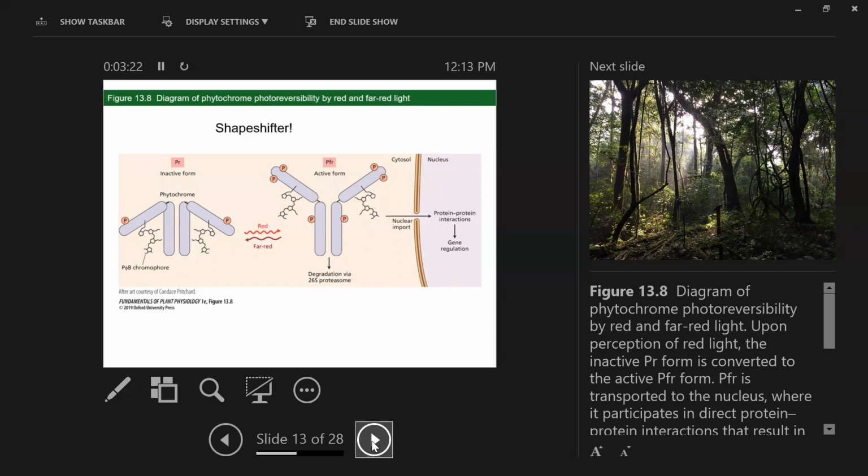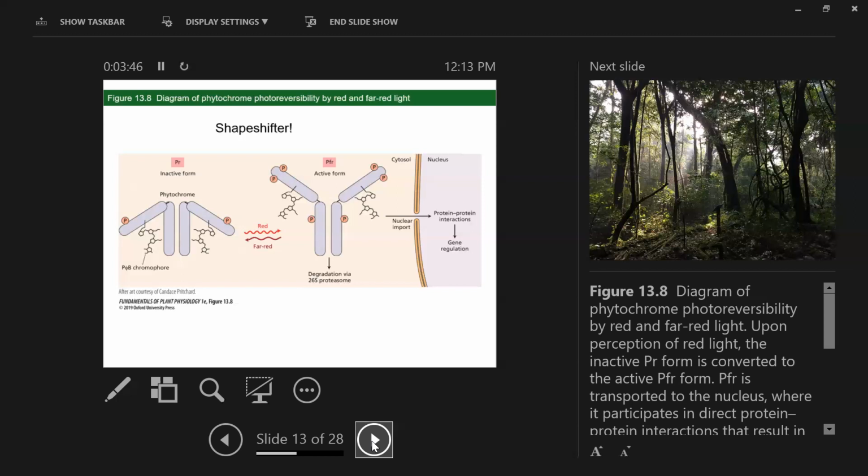But what does happen is that in this case, you're seeing the phytochrome absorbing red light and shifting into the so-called active form. What they're trying to say here is that it's that form that will actually interact with other proteins that then govern gene expression, that will control gene expression in some manner.